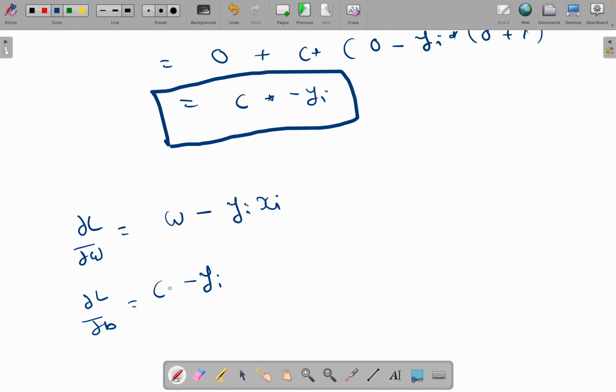So c is our hyperparameter, we are multiplying it, so here it will also be multiplied in the equation. Okay, so we will use this differentiation to update our weights, right? So let's go to Colab notebook and implement this.